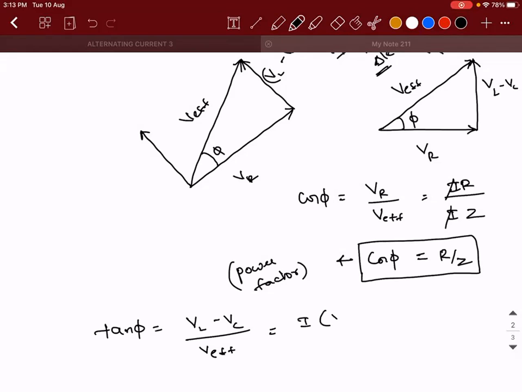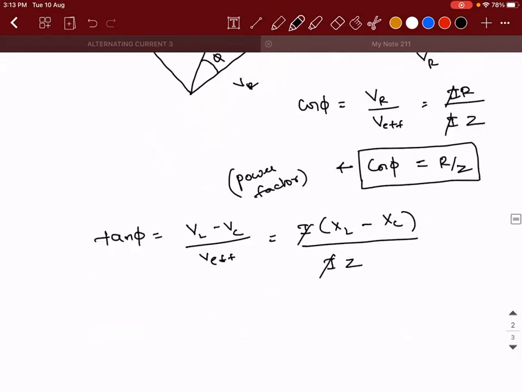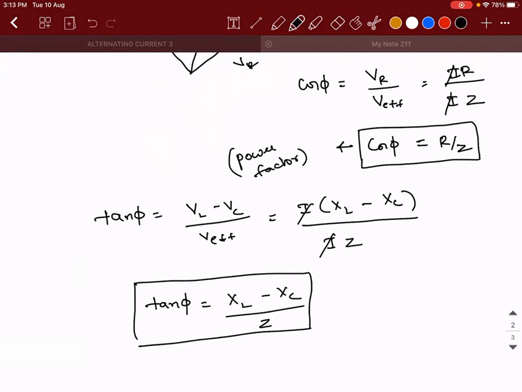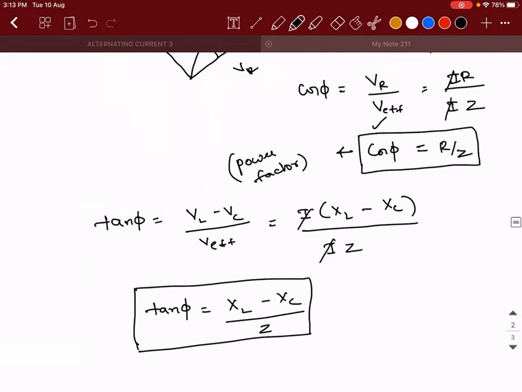It is I into XL, minus VC is I into XC, the whole divided by V effective, which is I into Z. I and I will get cancelled. So tan phi will be equal to XL minus XC divided by Z. But remember, the value of tan phi keeps changing from circuit to circuit, but the value of power factor is common for RL circuit, RC circuit, and series RLC circuit.